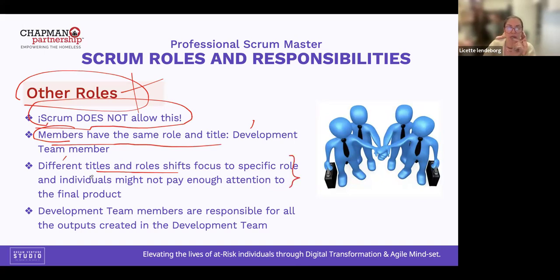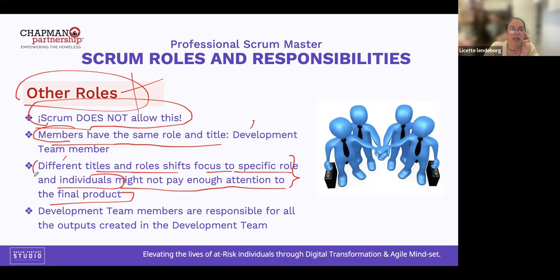What is the reason? Because different titles like quality engineer, design expert, those roles, shift focus to a specific role, and individuals might not pay enough attention to the final product.